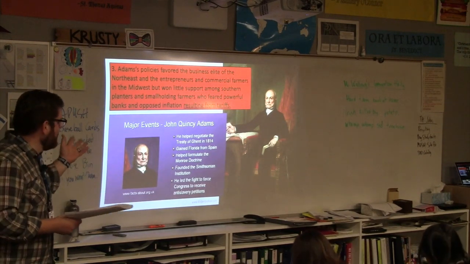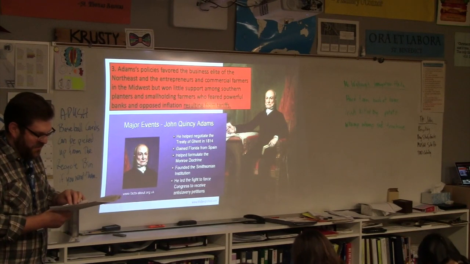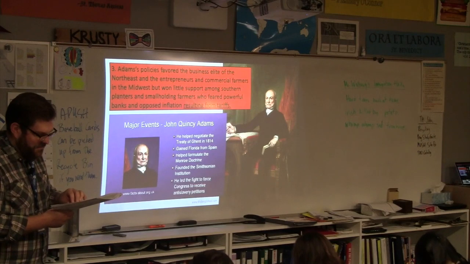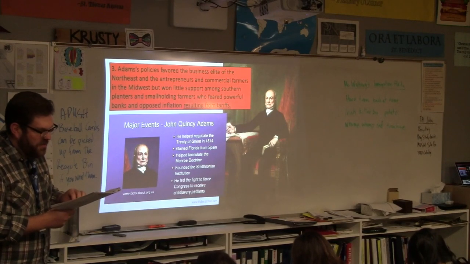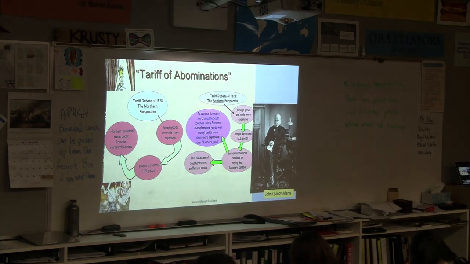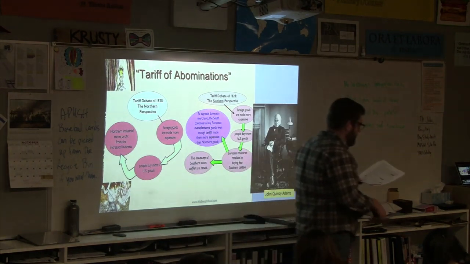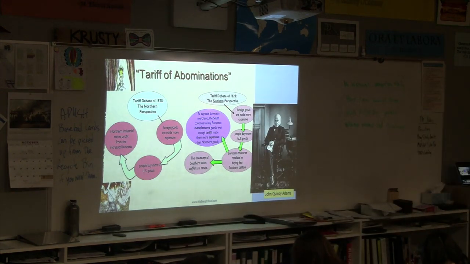Congress responds to the public pressure, and Congress approved only a few of Adams's proposals. But the most far-reaching battle of the Adams presidency was over tariffs, and in particular the Adams Tariff of 1824, which protected manufacturers in New England and Pennsylvania against more expensive woolen and cotton textiles and iron goods.